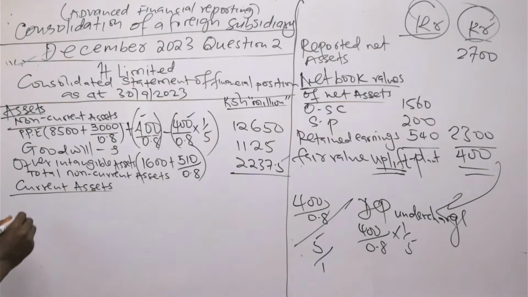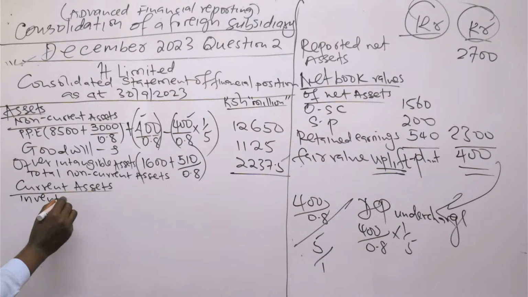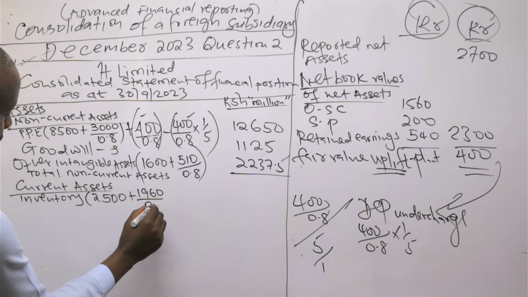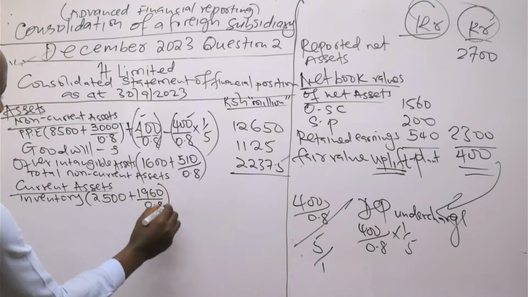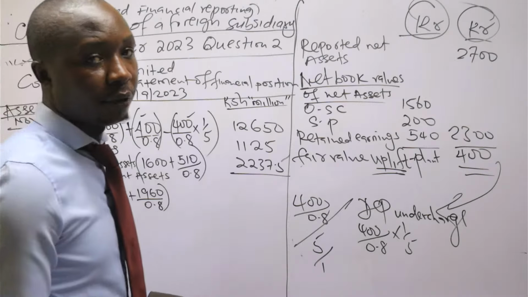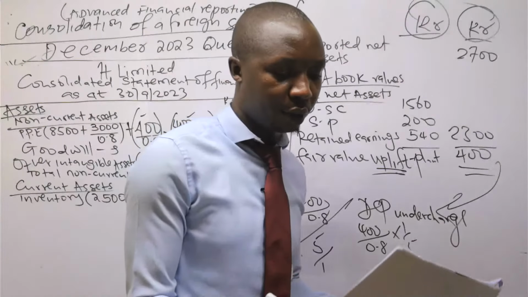For the current assets, you start with inventory. For the inventory, there's 2500 plus 1960. You translate this at 0.8, the closing rate. Then you make relevant adjustments, if any, like if there is any goods in transit, and if there was any unrealized profit on the goods sold.